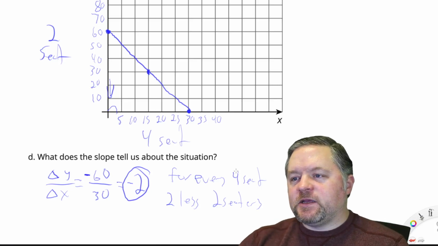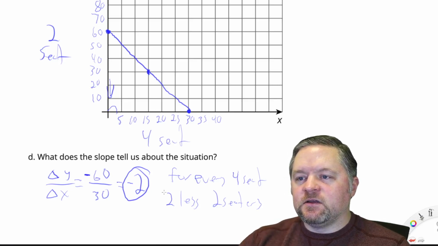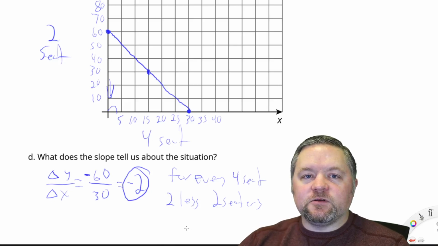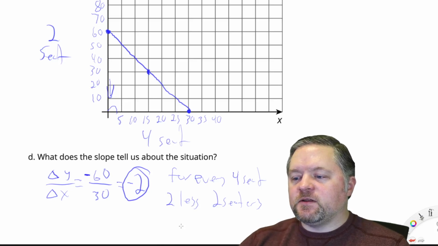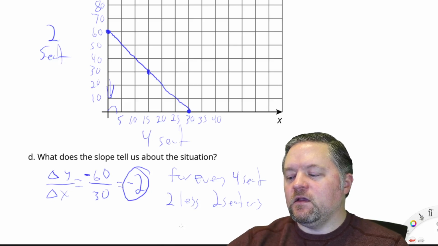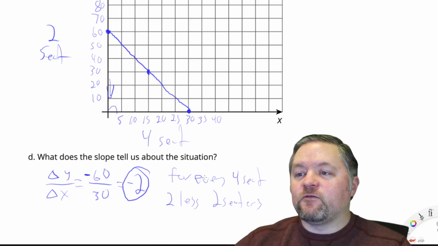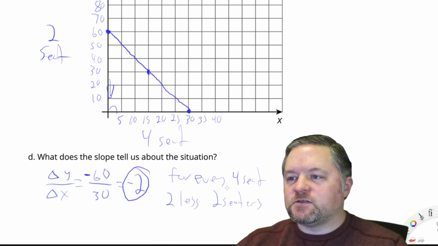Which makes sense because a 4-seat table is 2 2-seat tables for the number of people it takes. So for every extra 4-seat table, we have 2 less 2-seat tables.